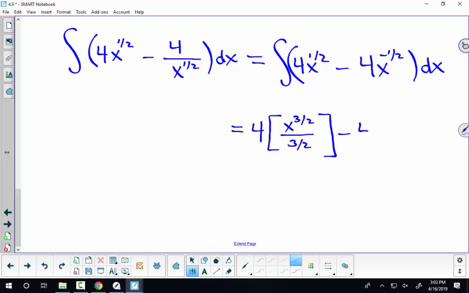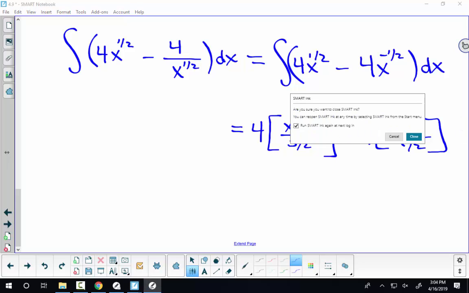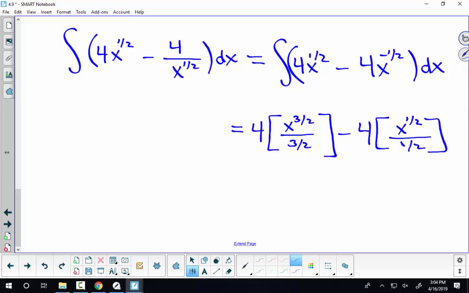And then we have minus 4 times the antiderivative now of x to the negative 1/2. x to the 1/2 over 2. Yeah. So we add 1 to negative 1/2, we get positive 1/2. So it's x to the positive 1/2 over 1/2. And then we have our plus C.